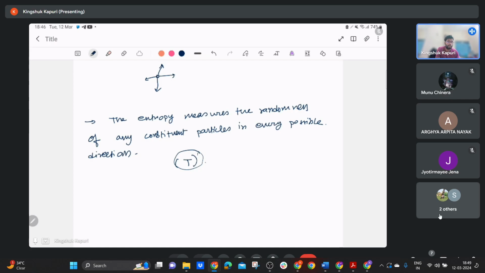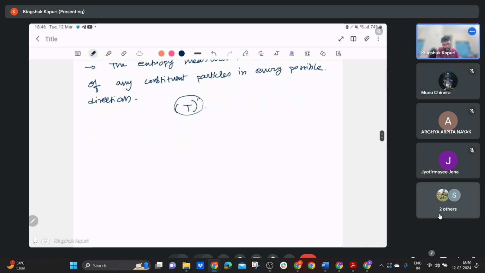This type of entropy we generally call thermal entropy. Basically, entropy is of two types: one is thermal entropy and the other is configurational entropy.